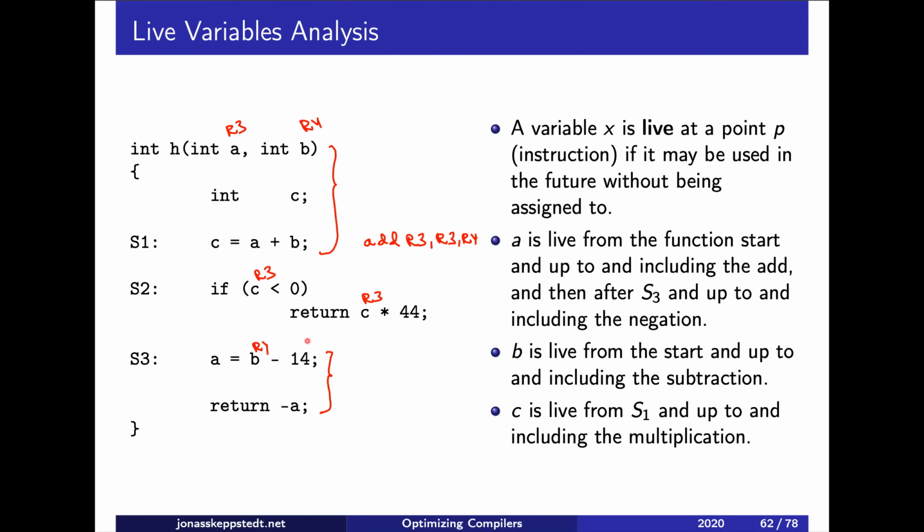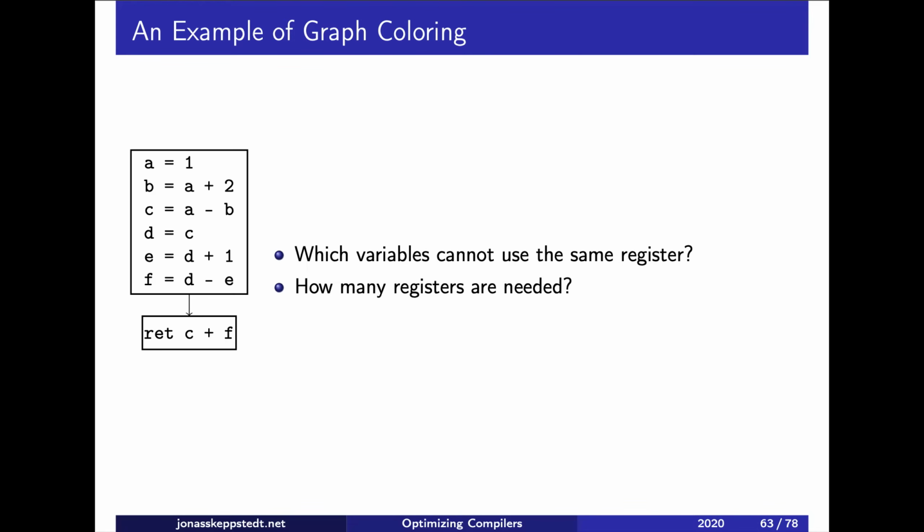Okay, so that's the idea of liveness analysis, to find which variables cannot use the same register. And that is done by inspecting, first of all, the control flow graph, and then we check which variables are used and which are defined in each basic block. I do not want to go into the details about this, because it's already a lot.